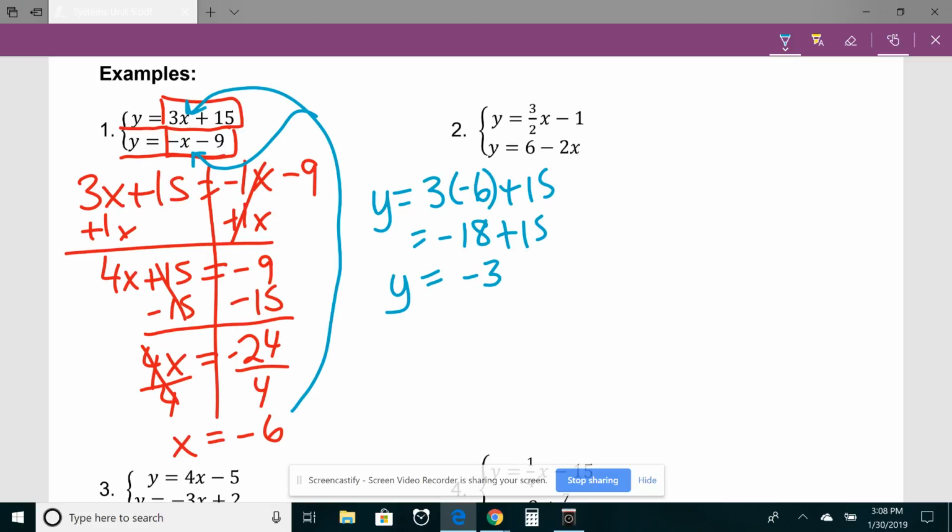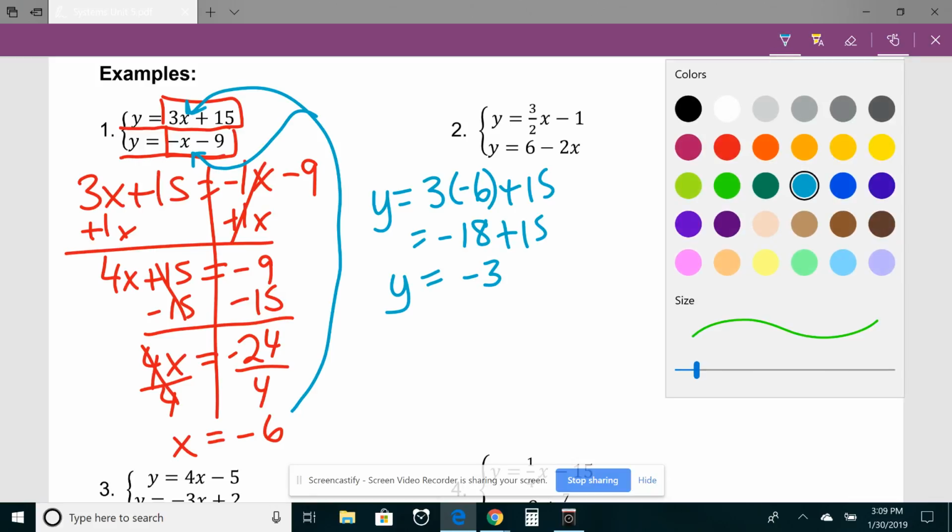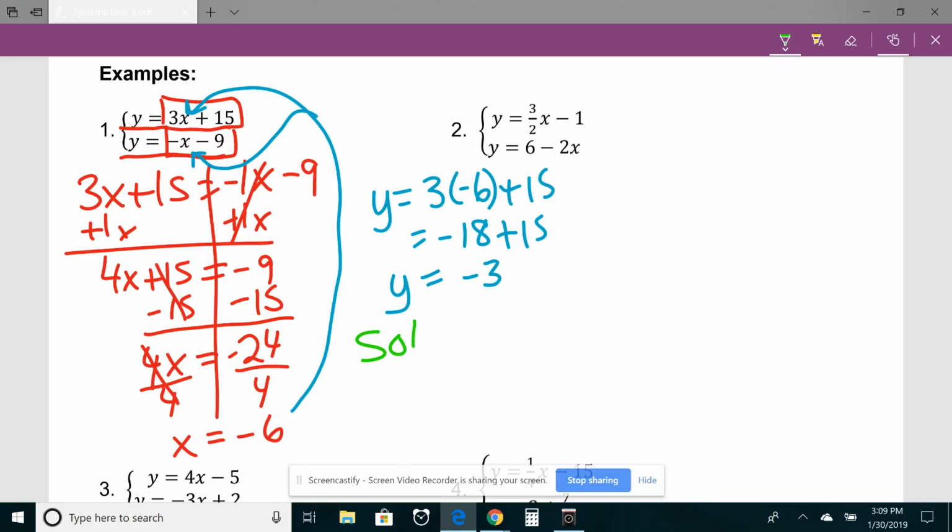Negative of a negative 6 is a positive 6 minus 9, which is also negative 3. It doesn't matter which equation you plug in. So my solution to this equation is negative 6, negative 3. Always the x goes first. There's my solution.